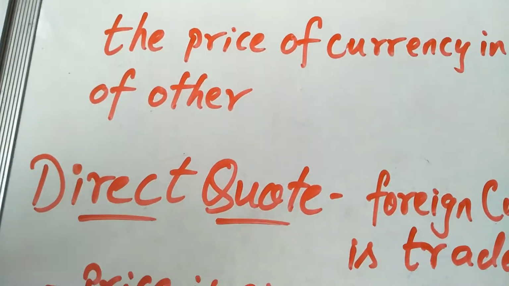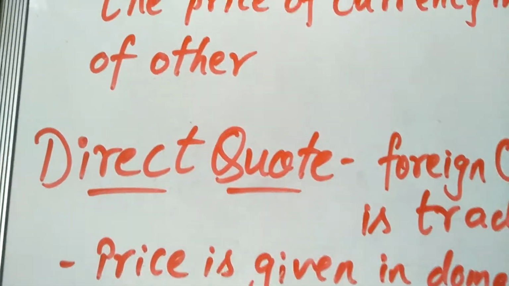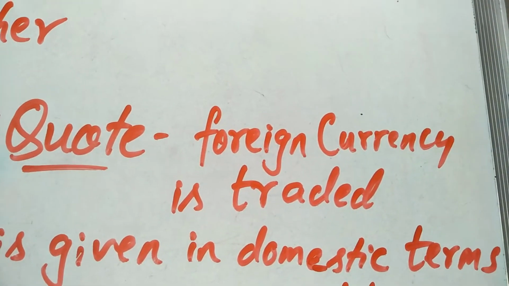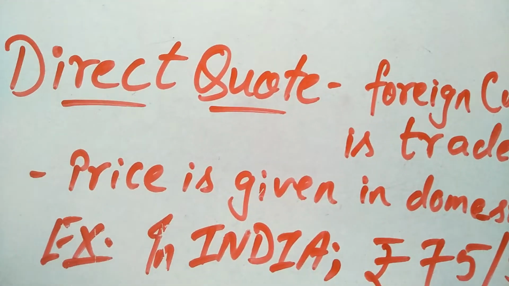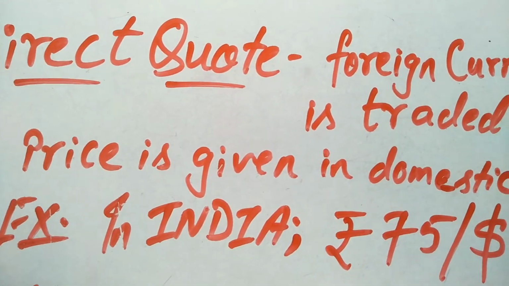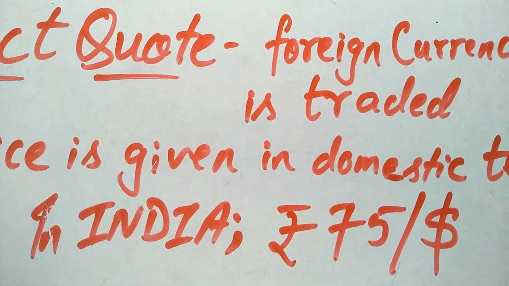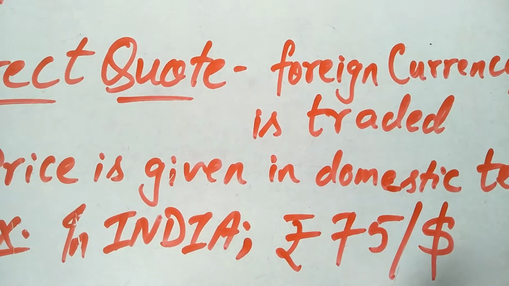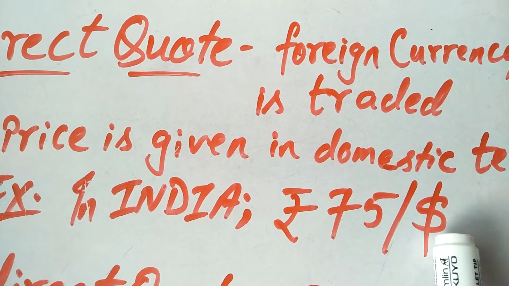In a simple statement, a direct quote is when the foreign currency is traded and the price is given in domestic terms. Let us have an example. When you are in India, if 75 rupees is equal to $1, that means 75 rupees are needed to purchase $1, so here the foreign currency is being bought and sold.